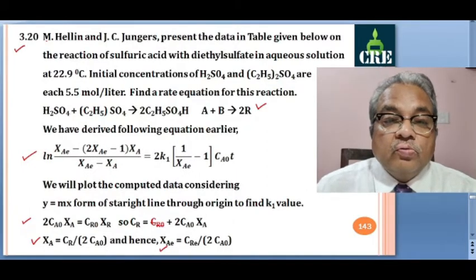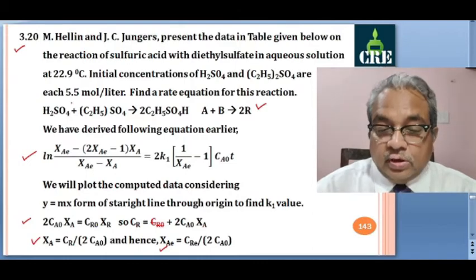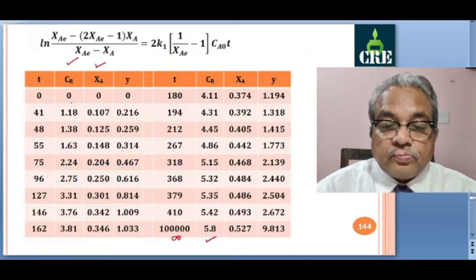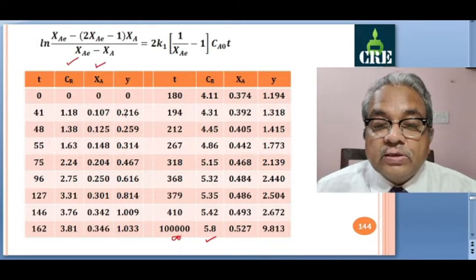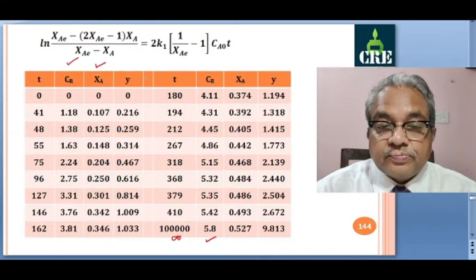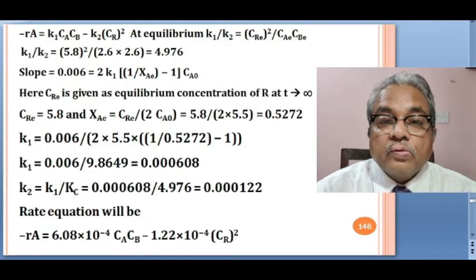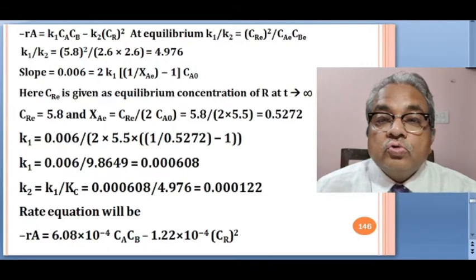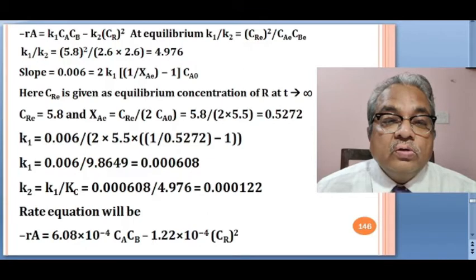We know here that Cr at equilibrium is 5.8. So for Ca at equilibrium or Cb at equilibrium, the stoichiometry is 1 mole of A reacts with 1 mole of B to give you 2 moles of R. So at equilibrium, if we consider these as 2 moles, 1 mole is 2.6.